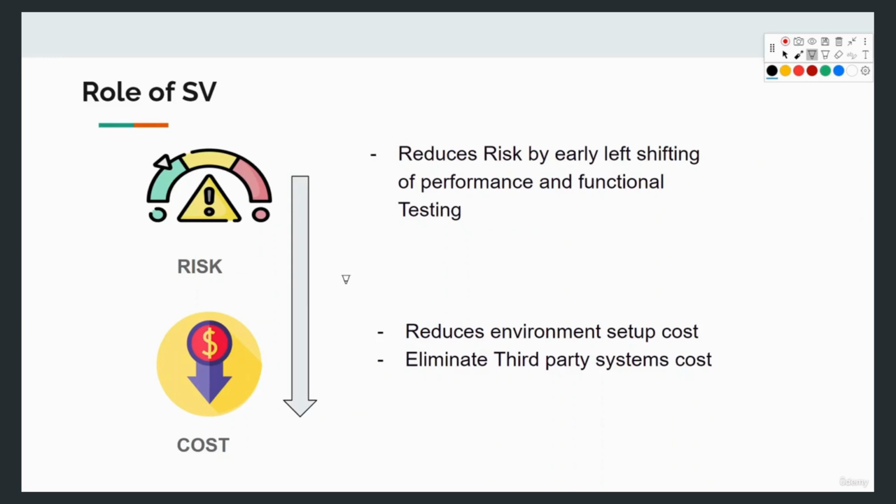For sure you need hardware there also, but the hardware requirement is quite less. Also, there are many cloud models available where you can directly utilize the service without even setting up the environment. Everything is available in the cloud, and you don't need to set up any server or any hardware.